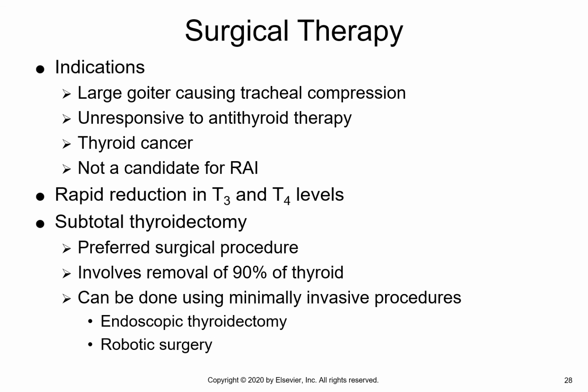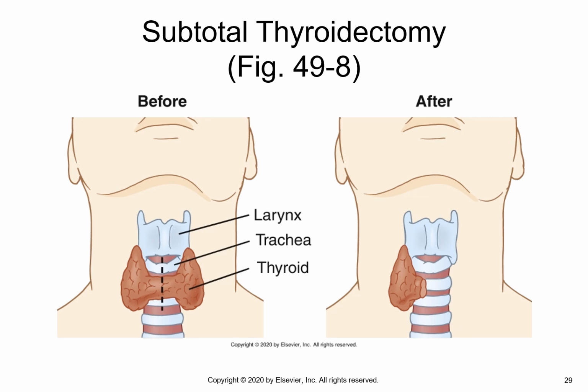Robotic surgery is best for those who are not overweight and have small nodules on only one side of the gland. The advantages of endoscopic and robotic procedures over open thyroidectomy include less scarring, less pain, and a faster return to normal activity. So here you can see the before and after if they do a subtotal thyroidectomy.